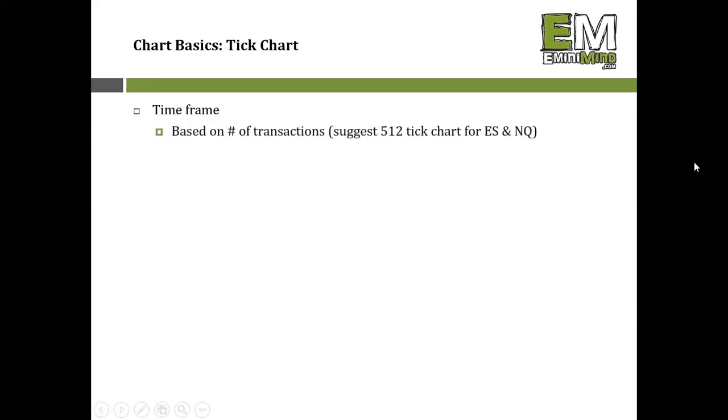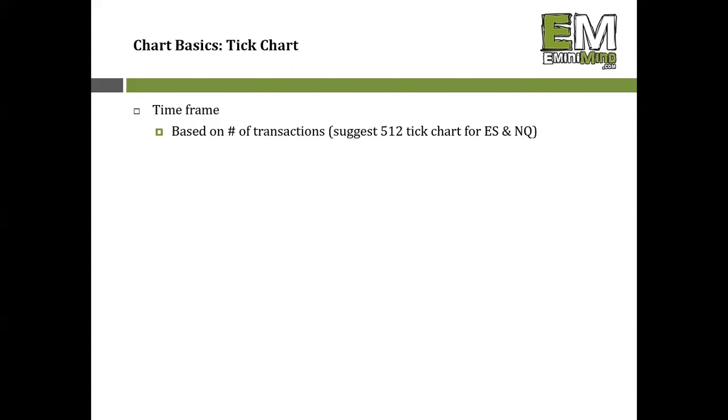So the tick chart, some of you are familiar with it, but in case you're not, instead of looking at a time frame like 1 minute, 5 minute, hourly, the tick chart is based on a number of transactions. So a 512 tick chart is 512 transactions, and then the candle closes. Why 512, you ask?